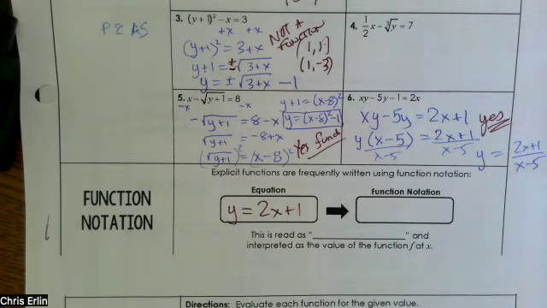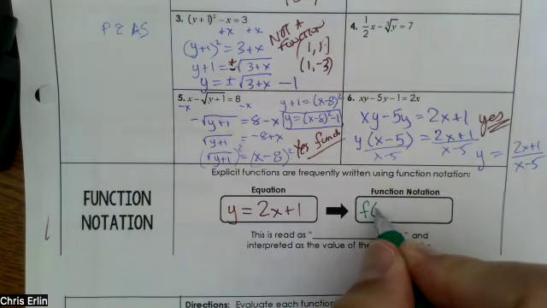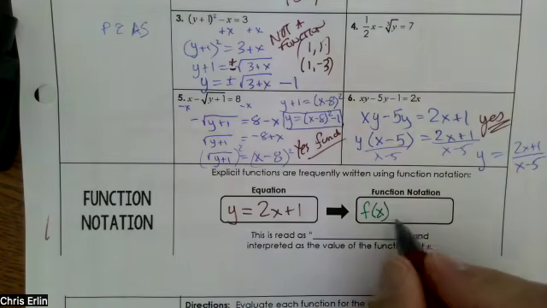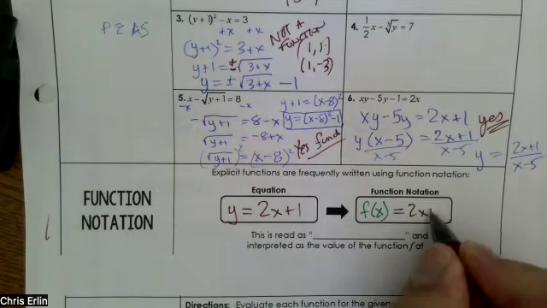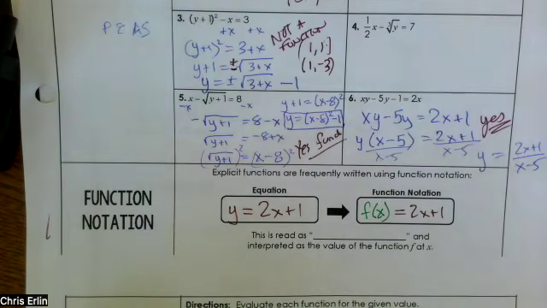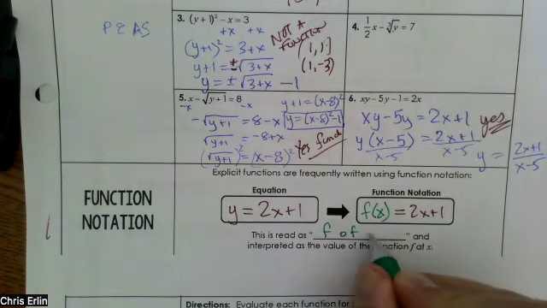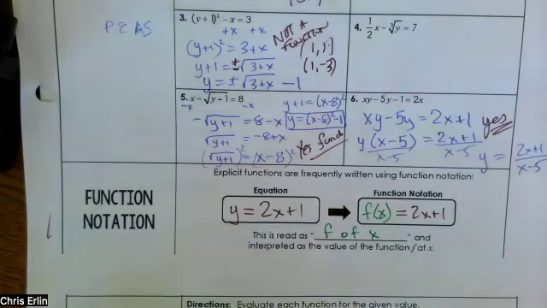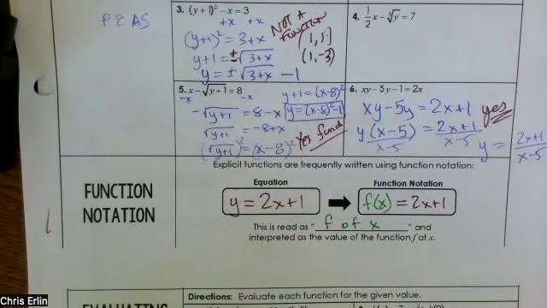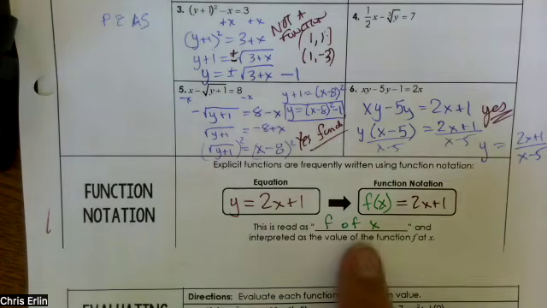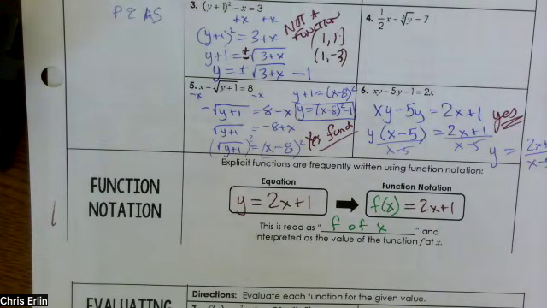If I want to change it into function notation, all I do is I change the y to f of x. And that's read as f of x. You guys remember that, right? What are the benefits of using f of x rather than y? Why would we ever write it in function notation?